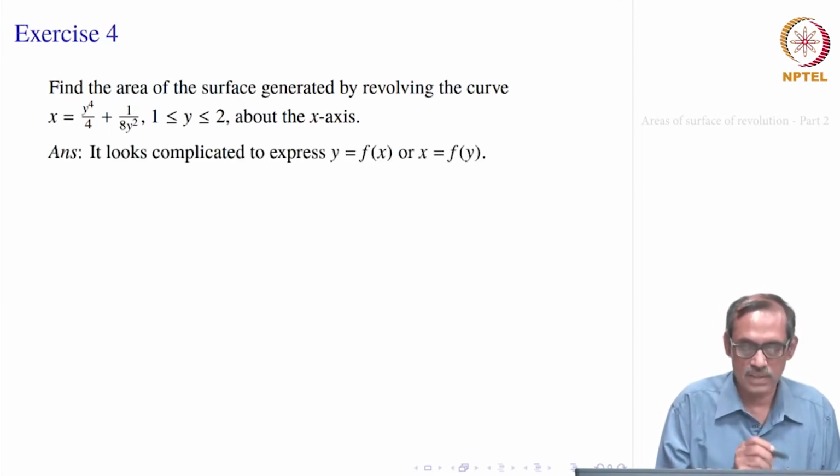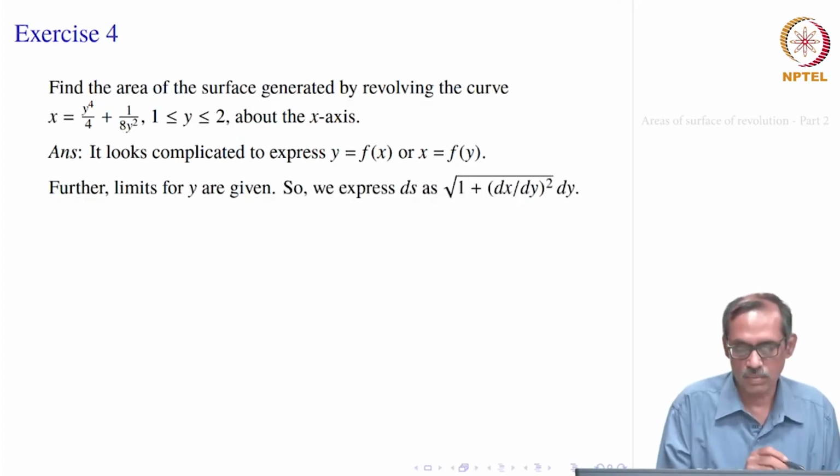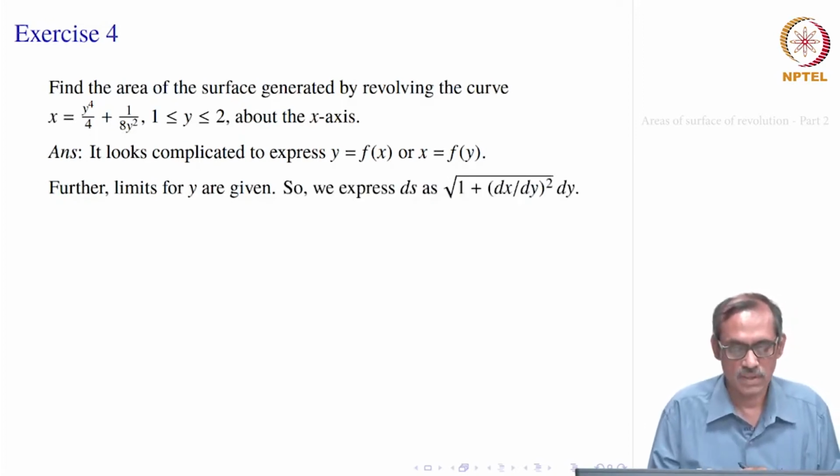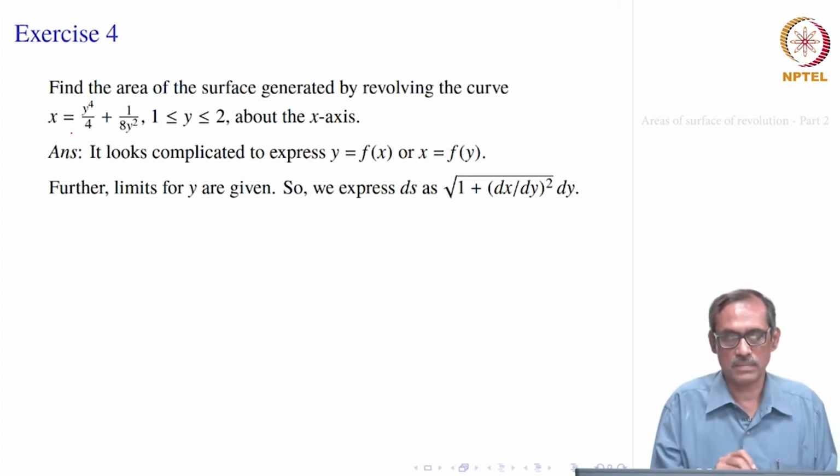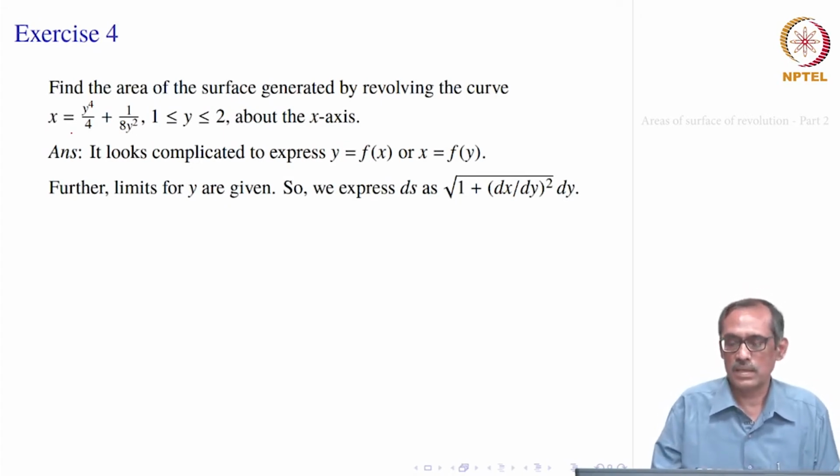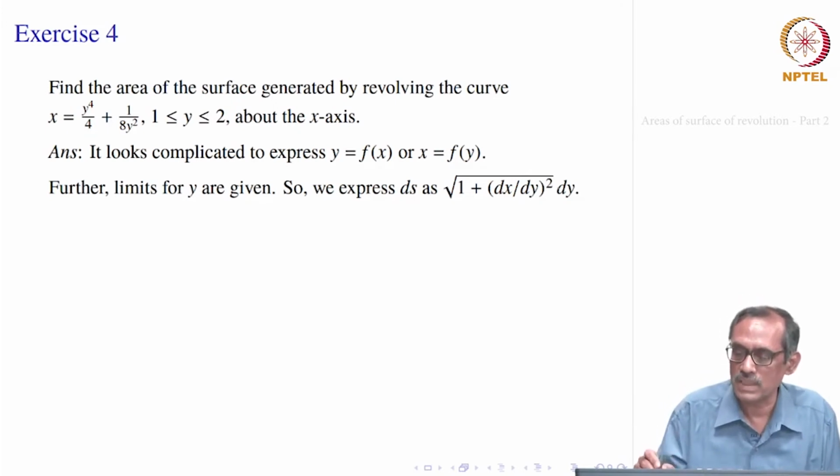So, you need to find y in terms of x, right, but it looks complicated that way, and limit of y also given, you may have to find for x. So, instead of going directly through that, let us compute ds, right. So, ds is anyway square root of 1 plus dx by dy square times dy, we can compute ds that way.